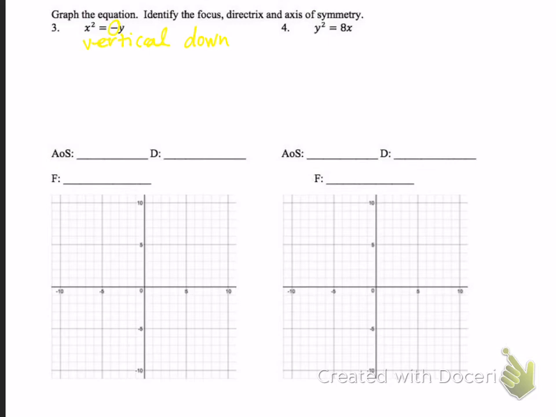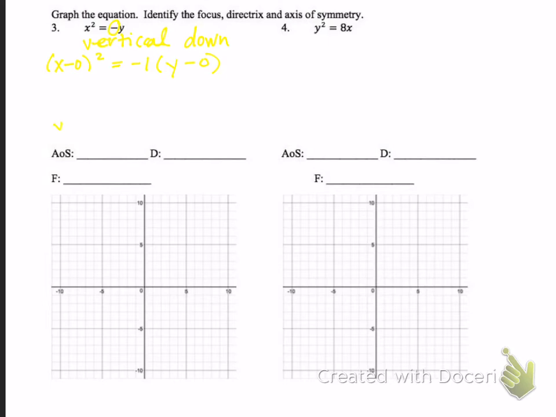So you can also put this in your calculator and graph that. If you were to graph this in the calculator, it would be y equals -x squared. So based off of this, if I were to expand this equation to match the vertex form, it would be x minus 0 squared equals -1 times y minus 0. So just based off of that, I can tell that my vertex is going to be where?